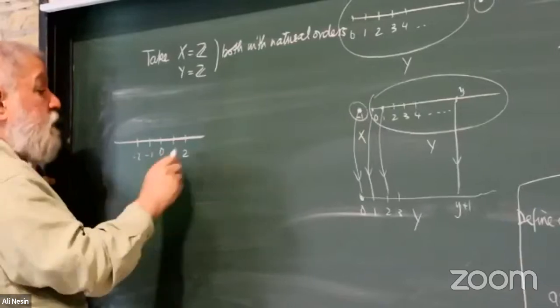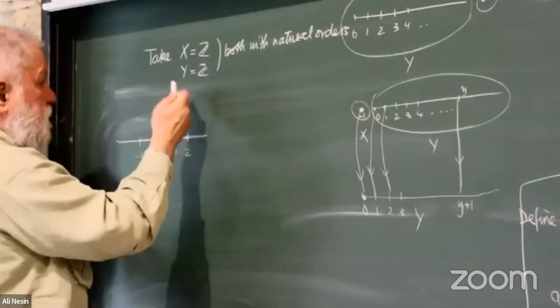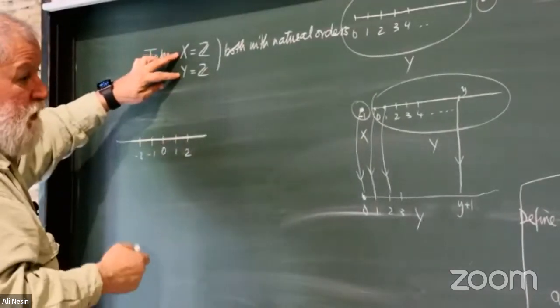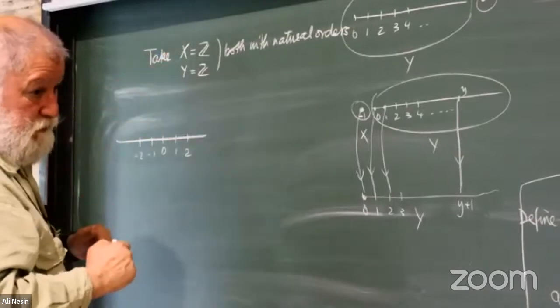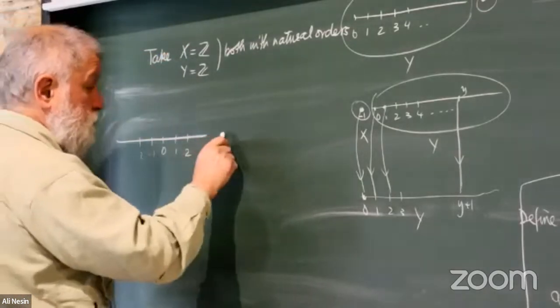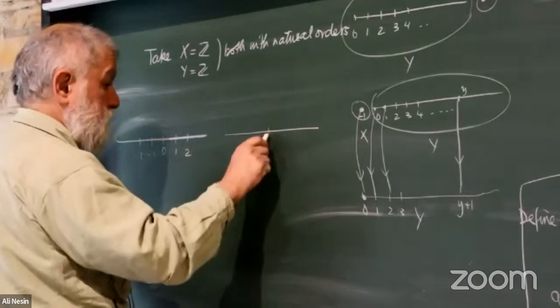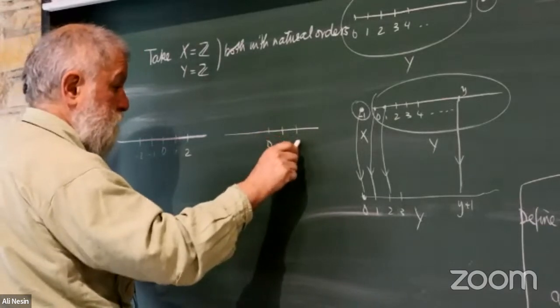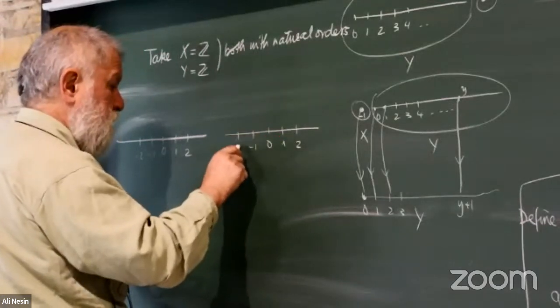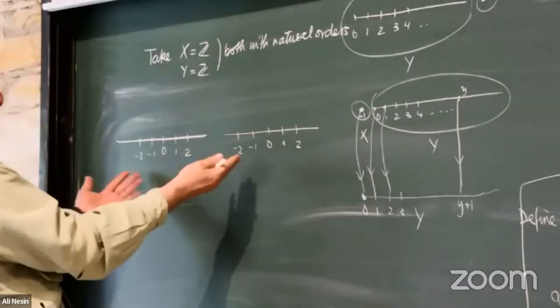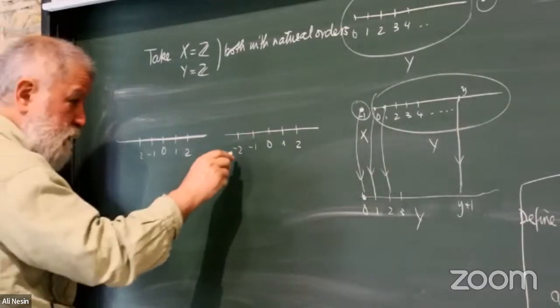Remember, I need to make them disjoint, so I will take another copy: 0, 1, 2, -1, -2. But of course, if you give the same name, this will be confusing. So here, if you want to, you can put primes.